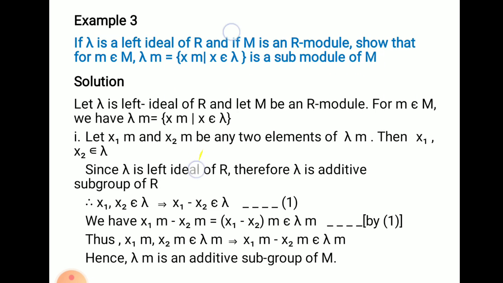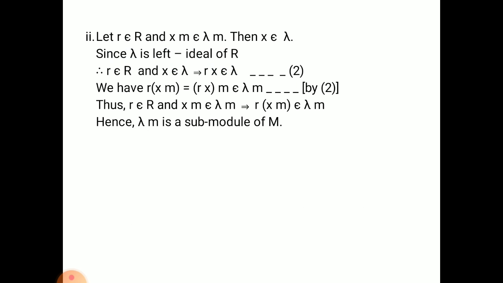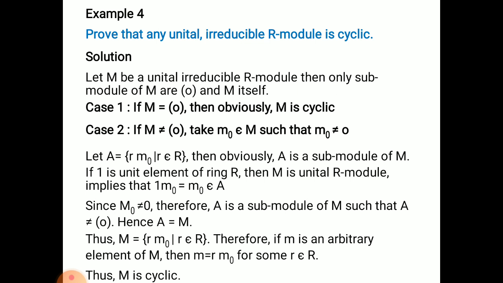Then third example: if lambda is a left ideal of a ring R and M is an R module, then for small m belonging to module M, lambda M is defined as the set of all elements of the type x times m for every x belonging to lambda. Then this set lambda M is a submodule of M. And next example: prove that any unital irreducible R module is cyclic.